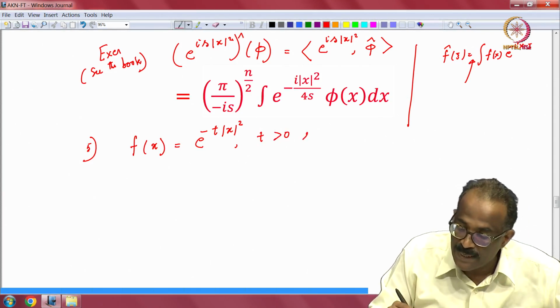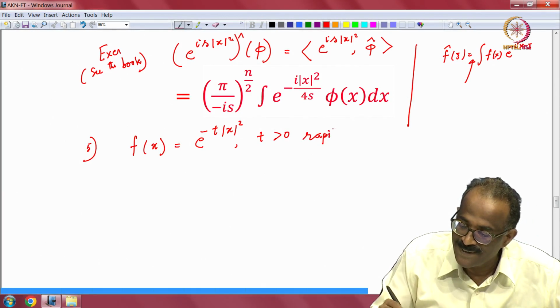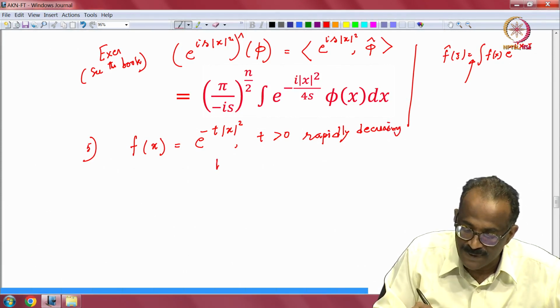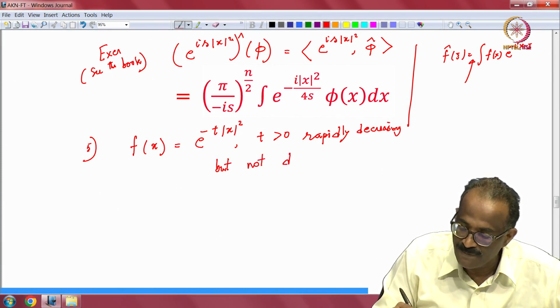This is rapidly decreasing, of course rapidly decreasing, but not differentiable at the origin.